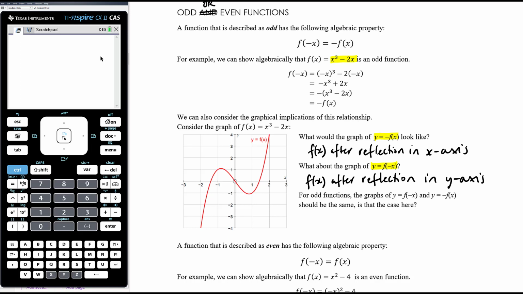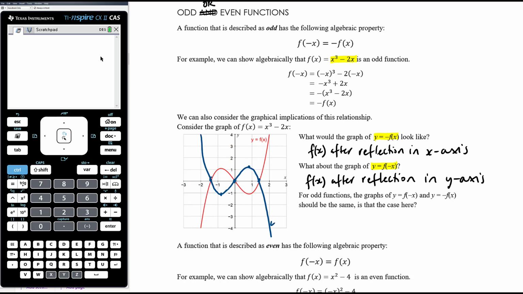So the graphical implication is that if a function is odd, when you reflect it in the x-axis, you will get the same thing as if you had reflected it in the y-axis. If we think about reflecting in the x-axis, this point goes down to here, this point comes up to here, this point stays here, this point stays here, this point stays here, this point comes down here, this point ends up here, and we end up with that.